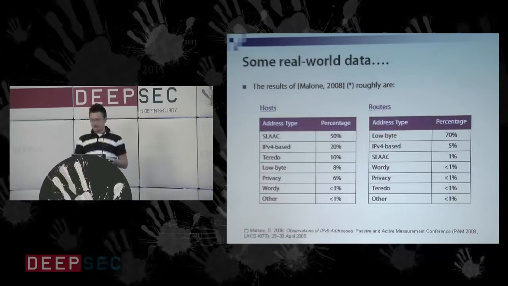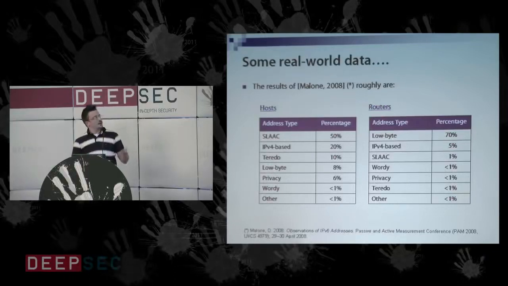Teredo is a transition technology that is usually implemented mostly in Microsoft products. There are open source implementations, but mostly in Microsoft products. And the rest of the values are mostly marginal. Of course, if you try to add up all of those values, you don't get to 100% because there were quite a few addresses that they were not able to categorize into one category or the other.